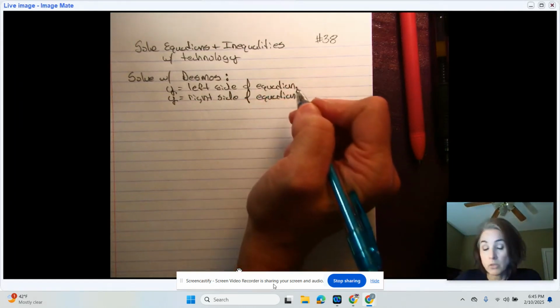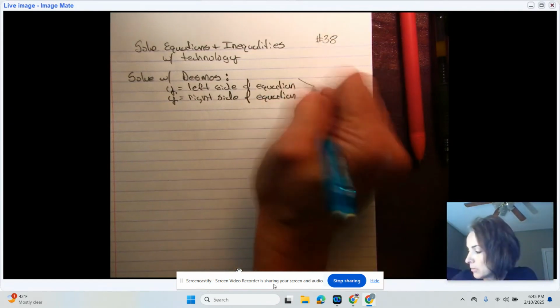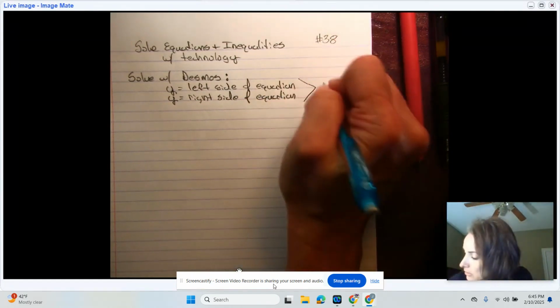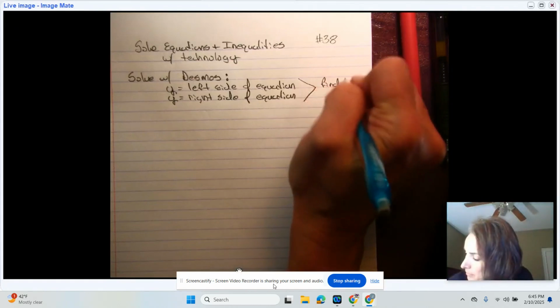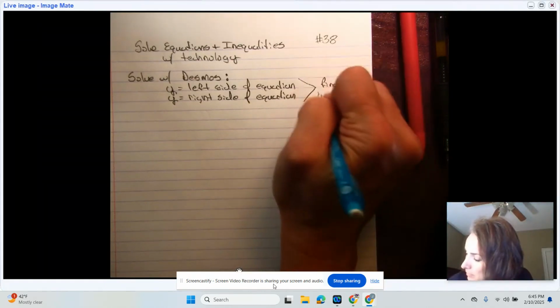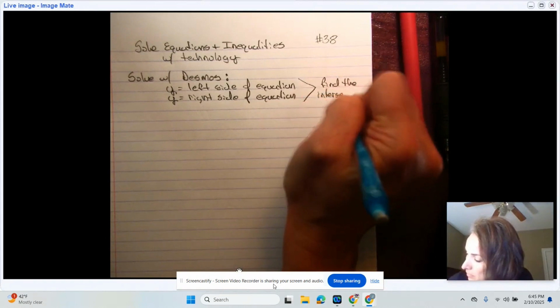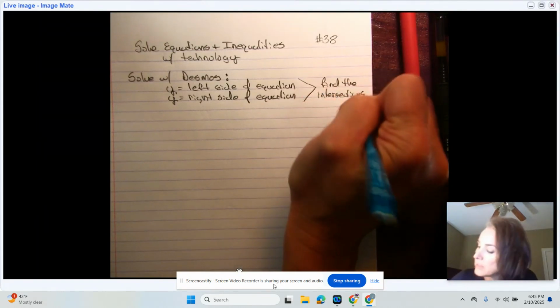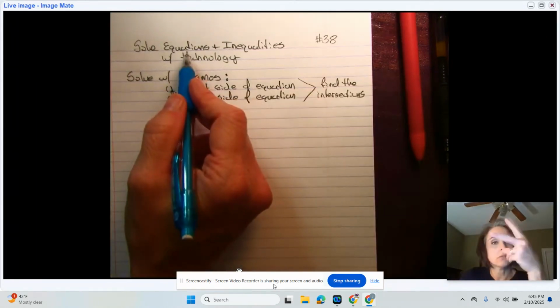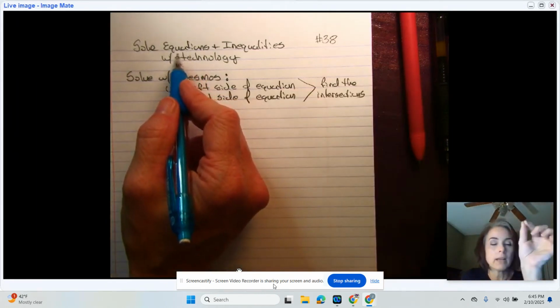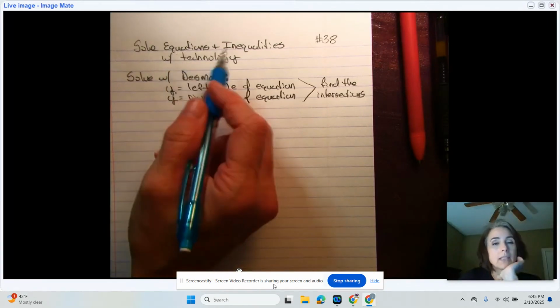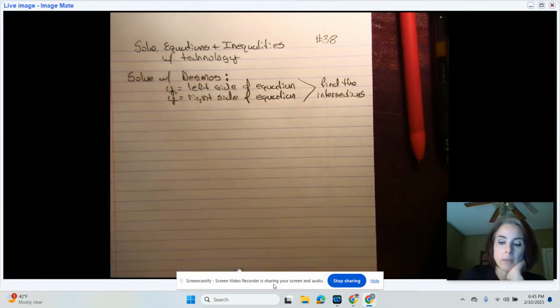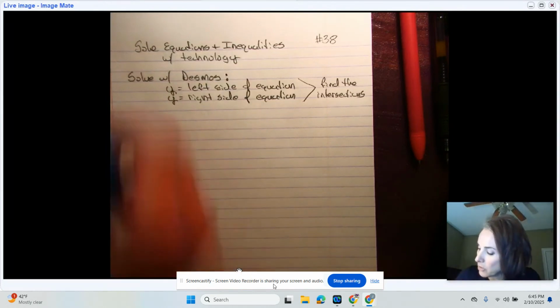Then, just like we did in the last video, number 37, we're going to find the intersections. If it's an equation with an equal sign, it's just going to equal that exact x value. But if it's an inequality, we've got to think about it a little bit, and when we get to one, I will show you.